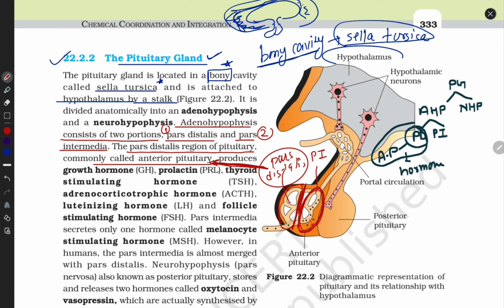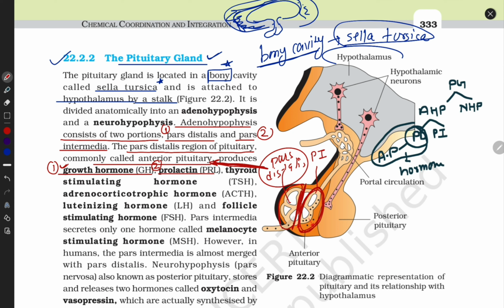This is the list of hormones. First, growth hormone. Remember this short form, GH. What is the full form of GH? The full form of GH is growth hormone. Remember these things. This is important. Second, prolactin, PRL.